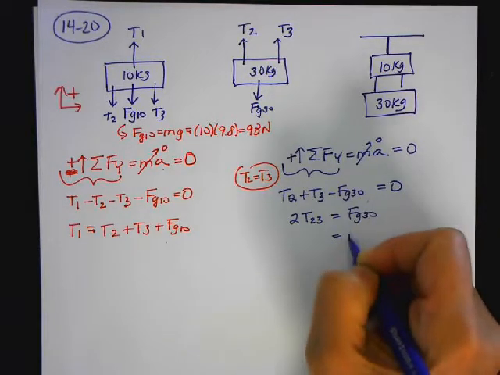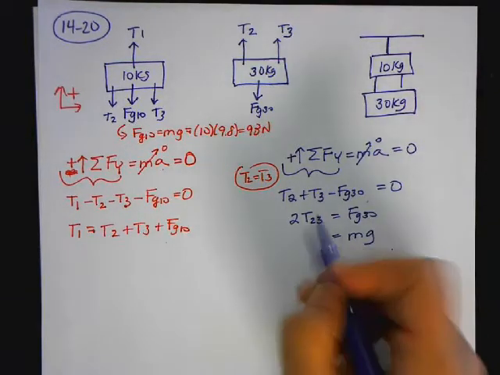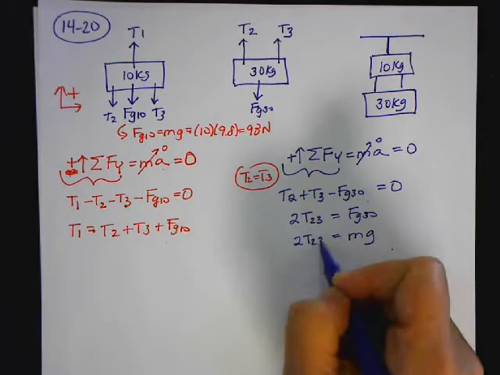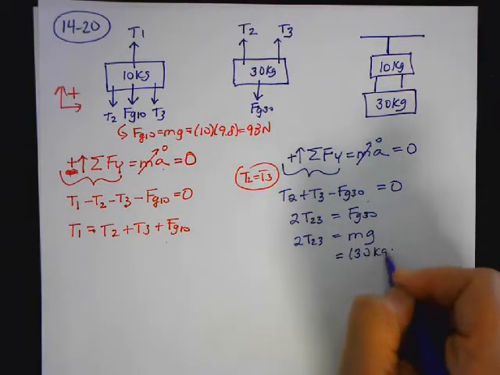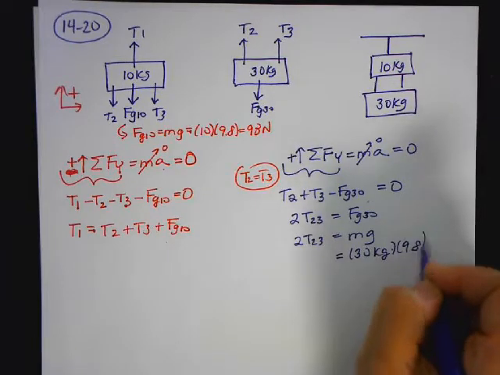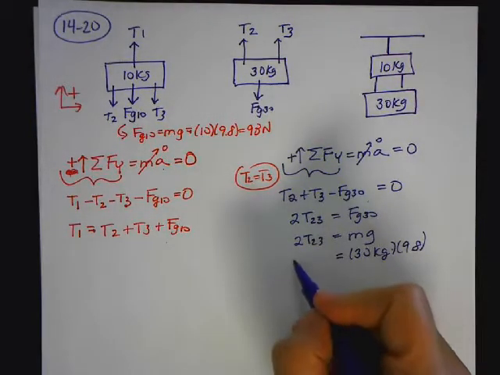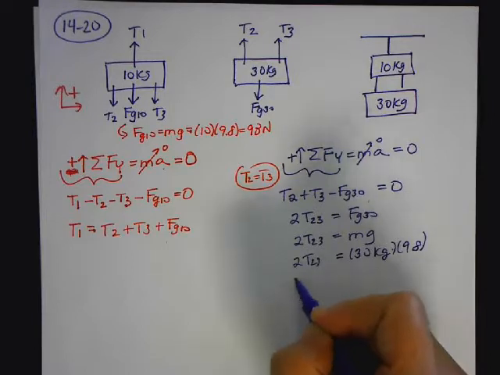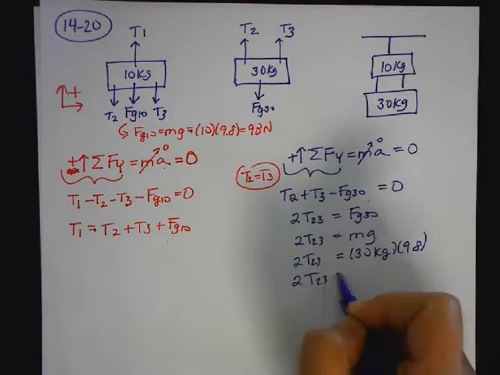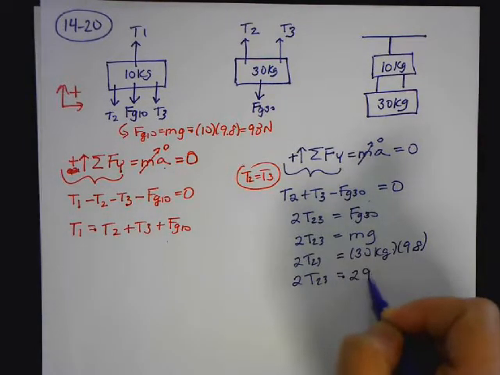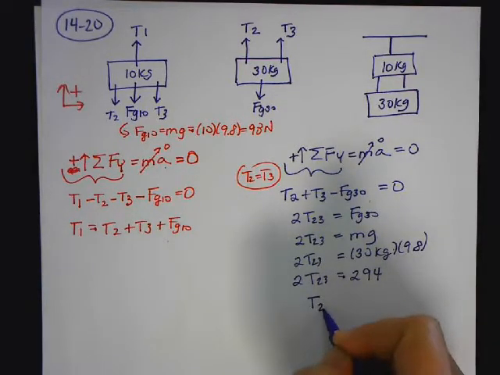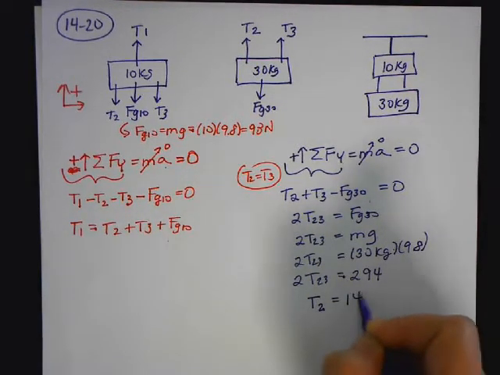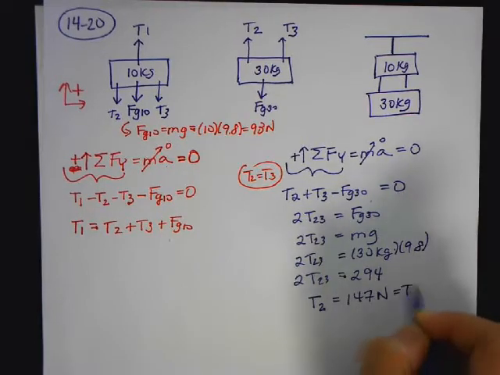So this is mg. So 2T23 is equal to the mass, which is 30, times gravity, which is 9.8. So 2T23 is equal to 294. So T23, which is T2 or T3, is equal to 147 newtons.